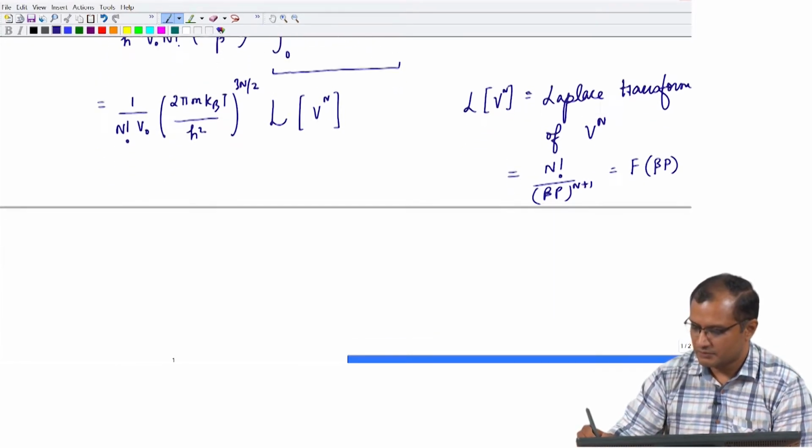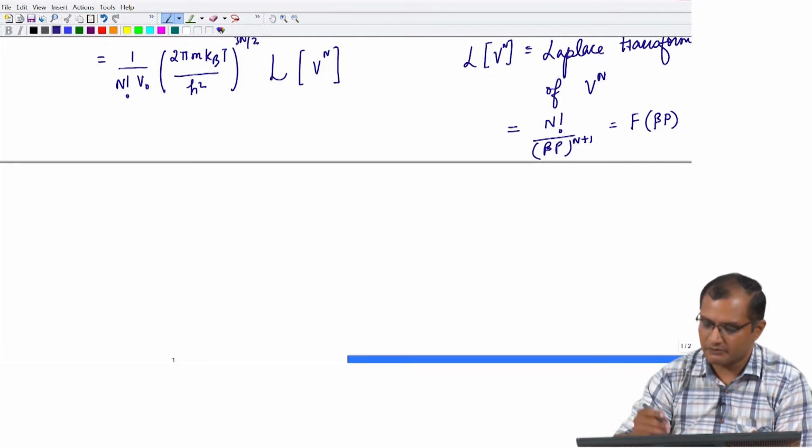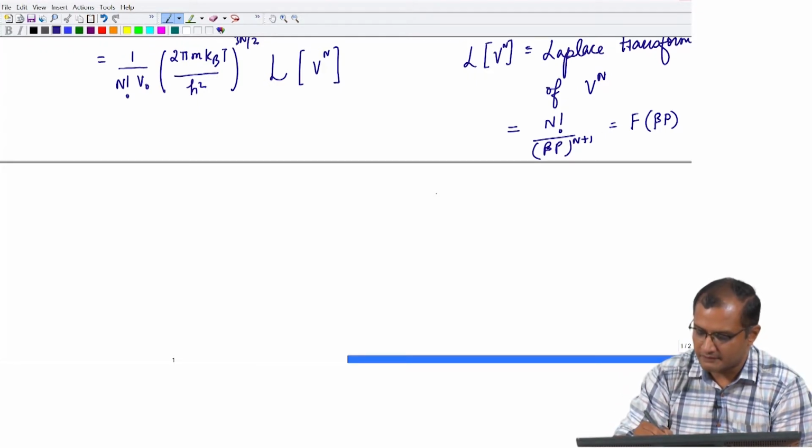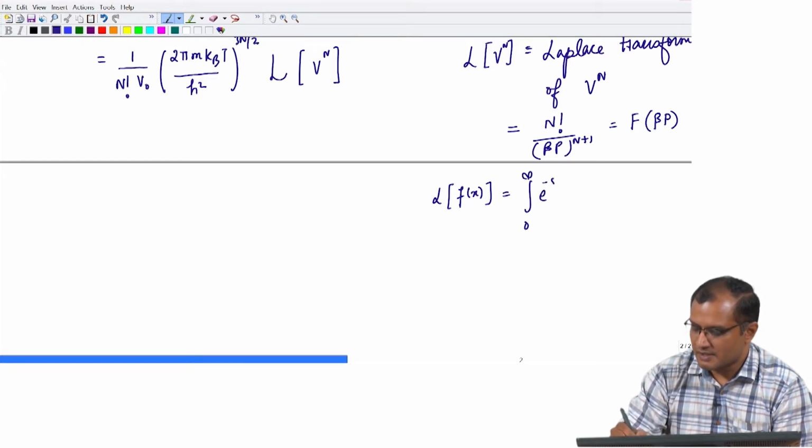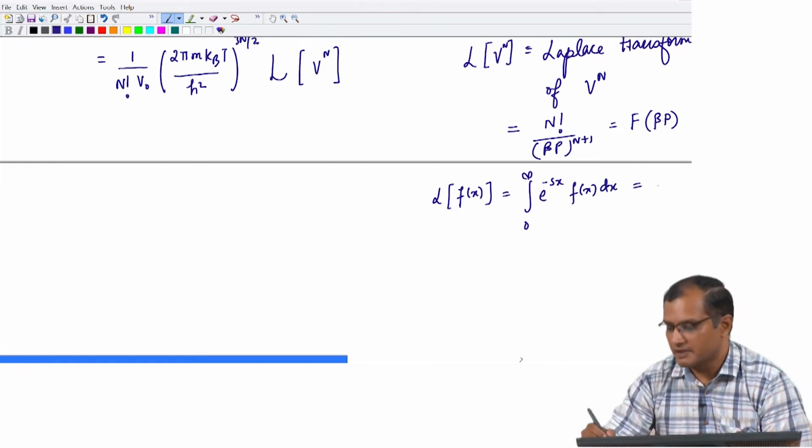Okay. So, if you do not remember Laplace transforms, you can recall that if there is a function f of x, then its Laplace transform is nothing but integral 0 to infinity e raised to minus s x f of x dx, and because it is a definite integral on x, it is only a function of s.